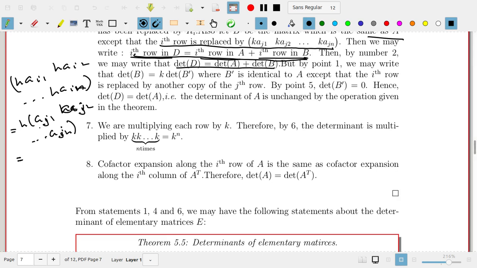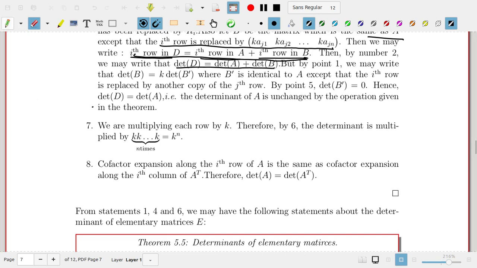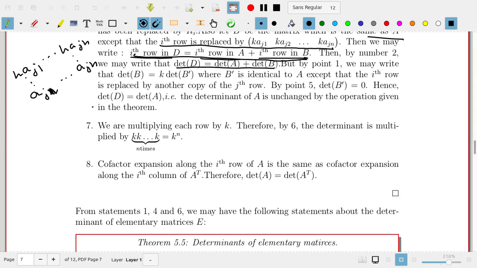Let's look at the matrix B. In the matrix B, the ith row looks like this: kaj1, ..., kajn, and the jth row looks like this: aj1, ... Now let V prime be the matrix such that the ith row is this, and the jth row is this.